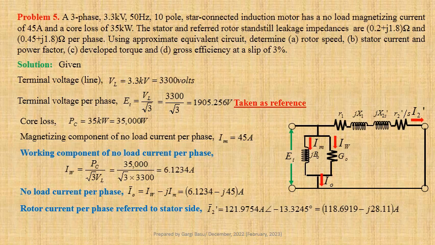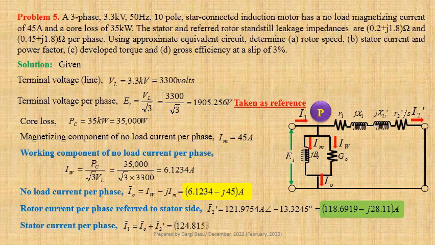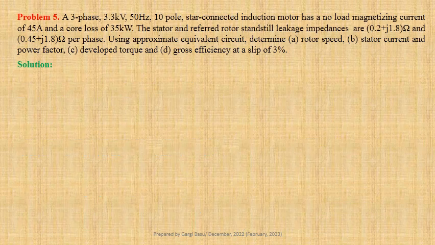Applying Kirchhoff's current law at node P, we get stator current per phase I1 equals I0 plus I2 dash. Using values we get 124.8153 minus j73.11 ampere. This may be written in polar form as 144.65 ampere at an angle minus 30.36 degree.